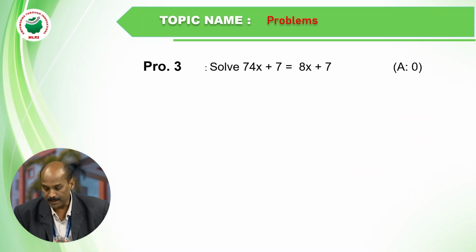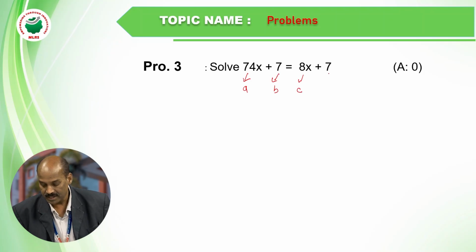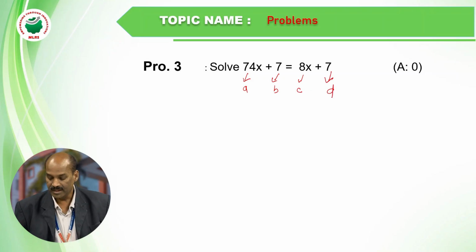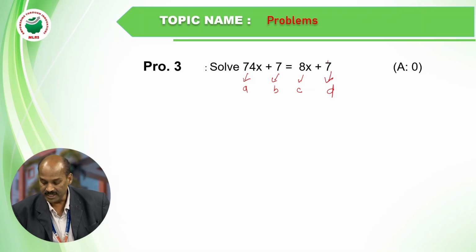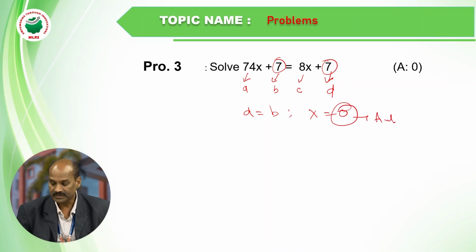Similarly, you see this example. Now here what is the a value? A is this, and this is b, and this is c, and this is d. But here you see d equal b. So therefore if d equal b, then what is the answer? X equal 0. This is the answer. So you see, we got the answer in very less time.